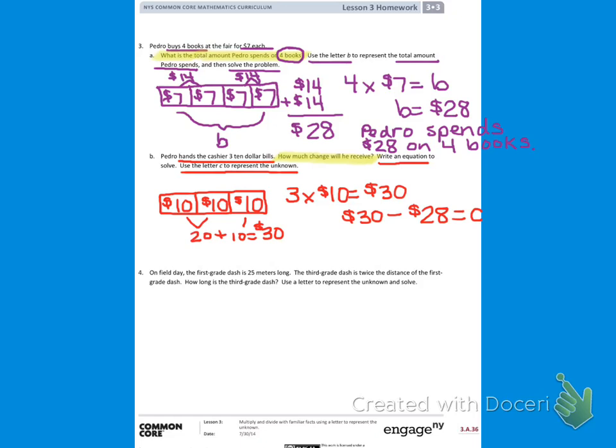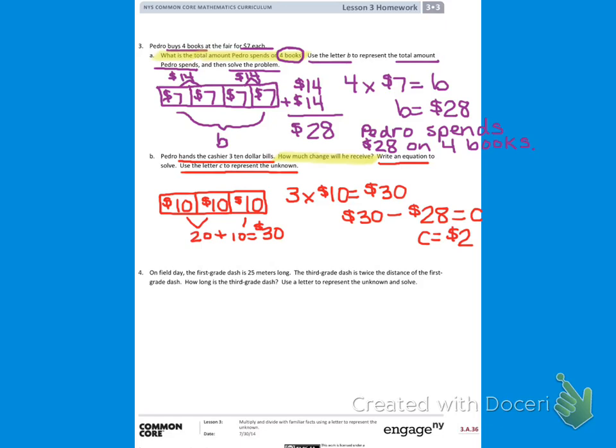And C is how much change he will receive. So if I have $30 and I take 28 away, the amount of change, or C, that Pedro gets back is $2.